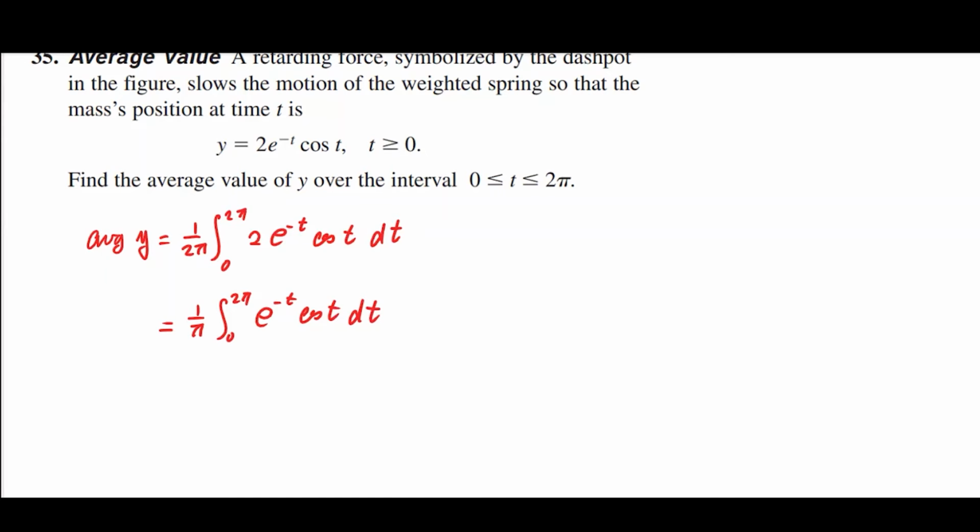Now, if you want to do integration by parts with these things, that's going to drive you insane. So I like to do this integral separately and then bring that result back, okay? So let me switch the color and work on that part. So this integral, e to the negative t and cosine t dt.